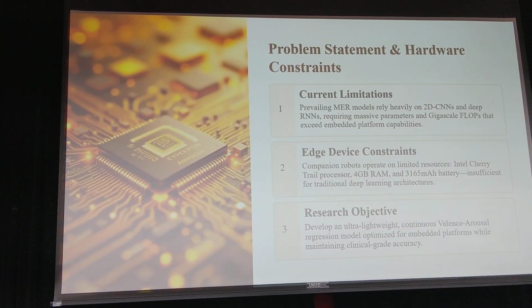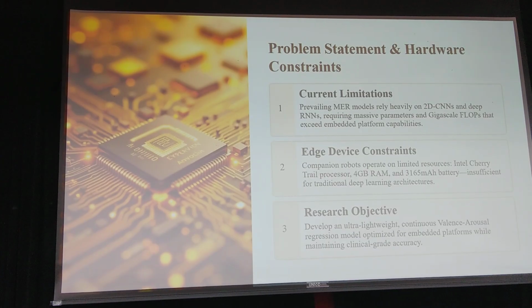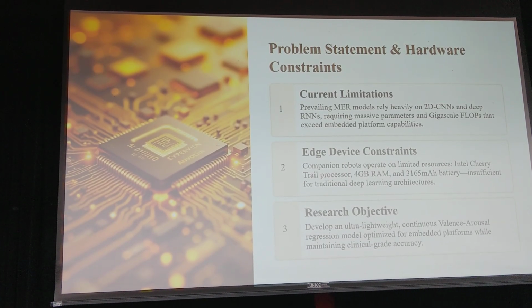Now let's turn our attention to our constraints and our core problem statement. While companion robots like the ASUS Zenbo Junior 2 are viable platforms for interactive care, they are highly resource-constrained edge devices. They are typically equipped with an Intel Cherry Trail processor, just 2 to 4 gigabytes of RAM, and a 3,165 mAh battery.